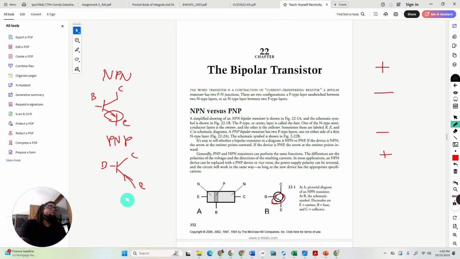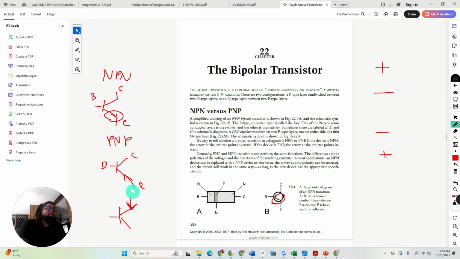Now, one thing to mention is that oftentimes, because of what he mentioned about the polarity, we don't want to change the polarity of our circuit to accommodate a PNP transistor. Oftentimes, what designers will do is just put the transistor upside down instead of putting the polarity upside down.